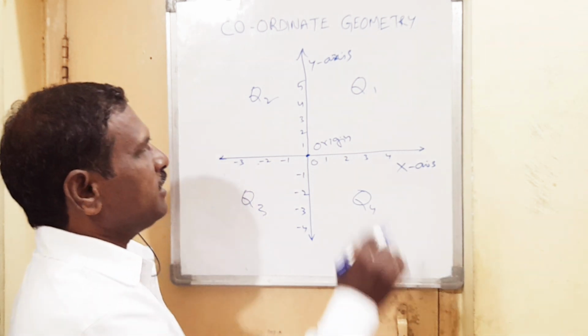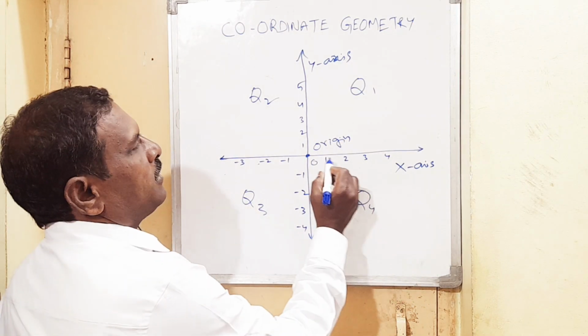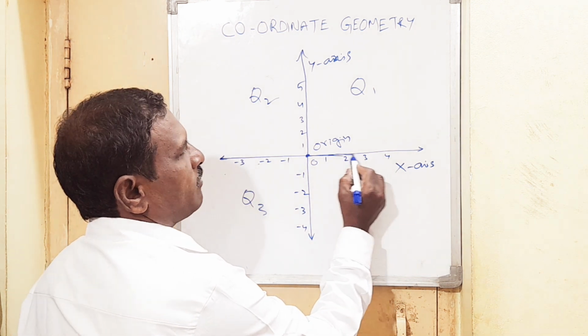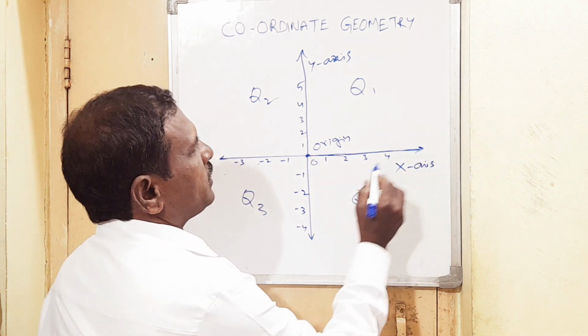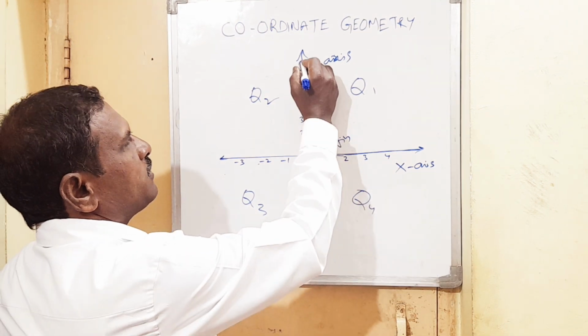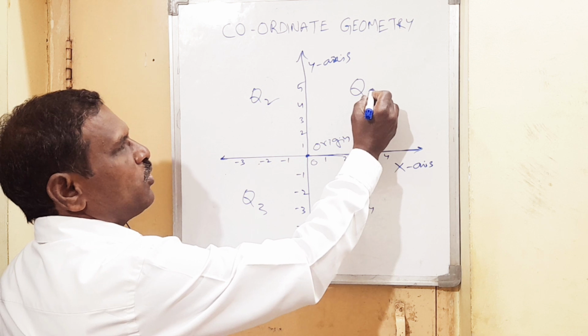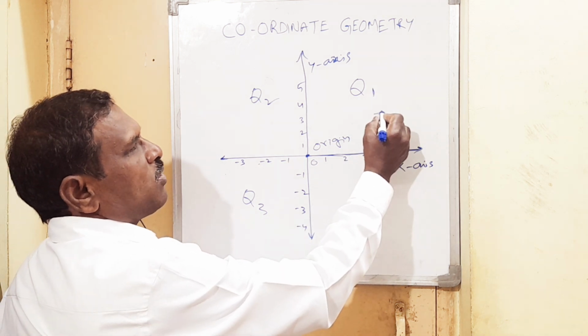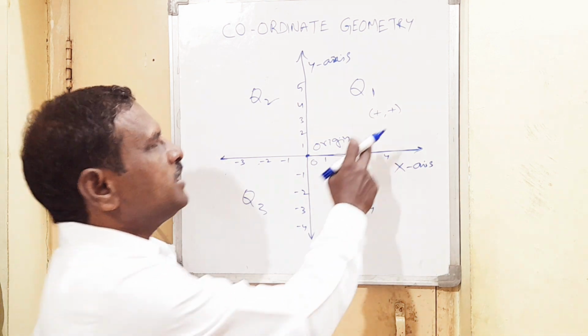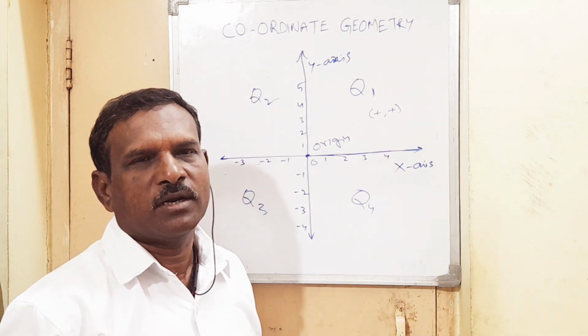Now let us see the first quadrant. The numbers on the x-axis are positive, and on the y-axis these are positive. So in Q1, both the x-coordinate and y-coordinate are positive.